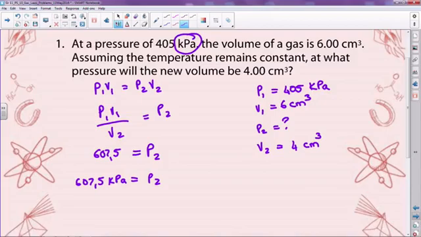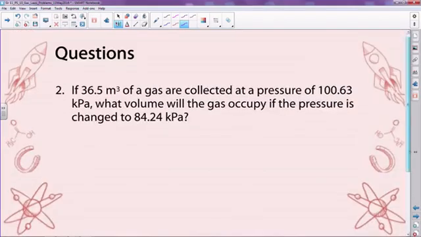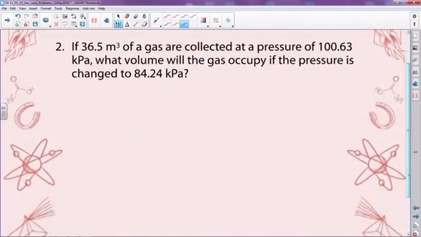Okay, so I know you guys and girls are perfectly good at this. So this next question is for you. You've got 2 minutes to figure it all out and answer it. I'll read it through with you and then you can work through it on your own. So if 36.5 meters cubed of a gas is collected at a pressure of 100.63 kPa, what volume will the gas occupy if the pressure is changed to 84.24 kPa?